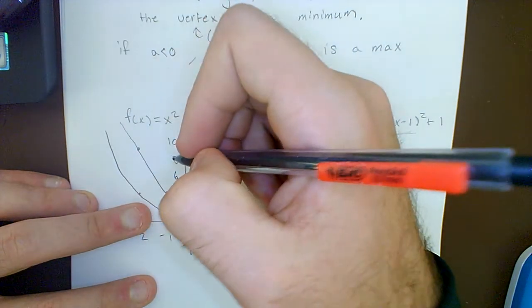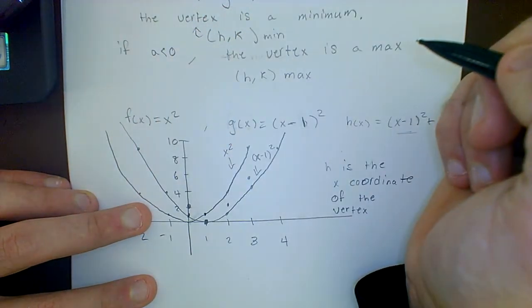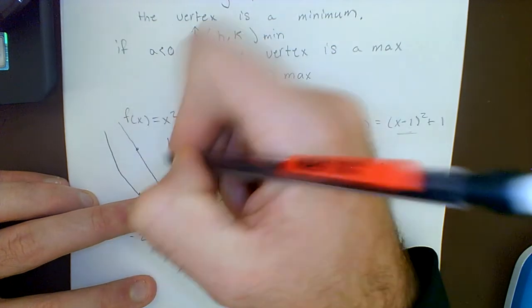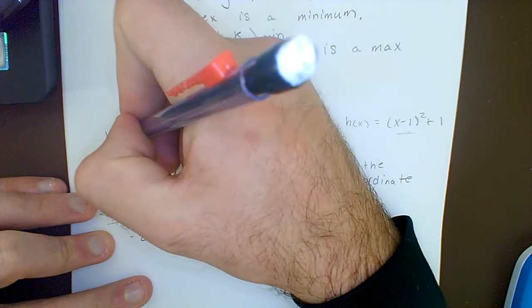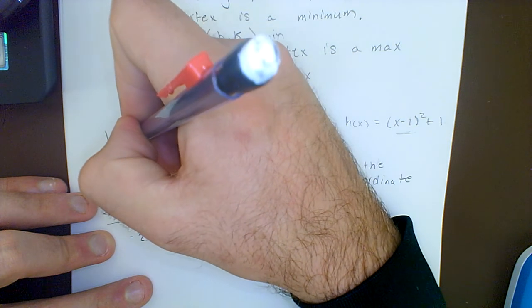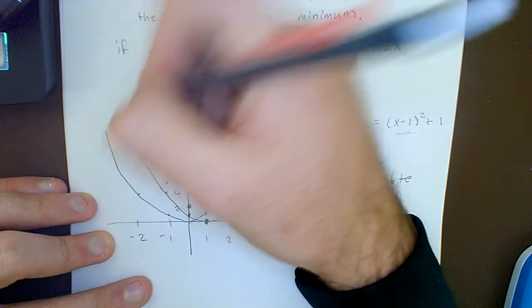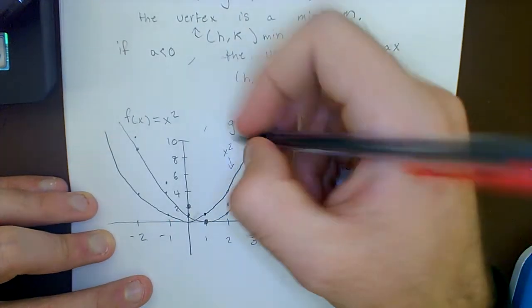And same here for negative. If I do negative 1, it's negative 1 minus 1, so negative 2 squared, and then adding 1 to it causes it to go to 5.